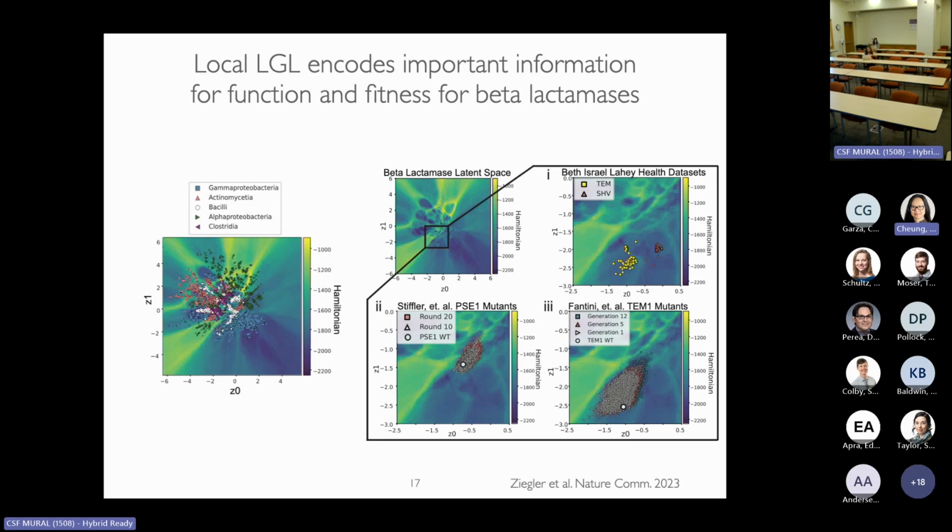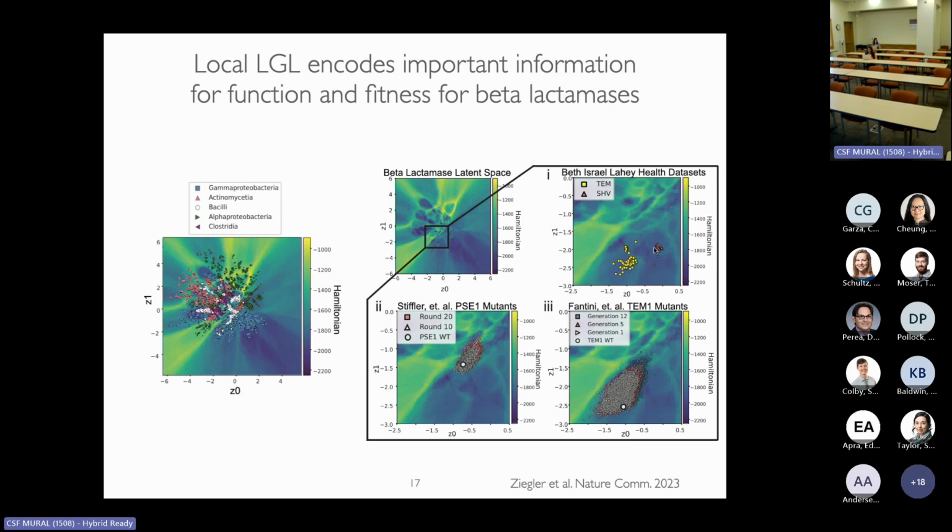I see, but isn't your VAE supposed to be interpretable? Can you speculate what underlies those latent parameters? Yes, so our interpretation is that these clusters represent phylogenetic or functional clusters. So these are sequences that will behave similarly, like in this case, where we have sequences that bind to SHV.